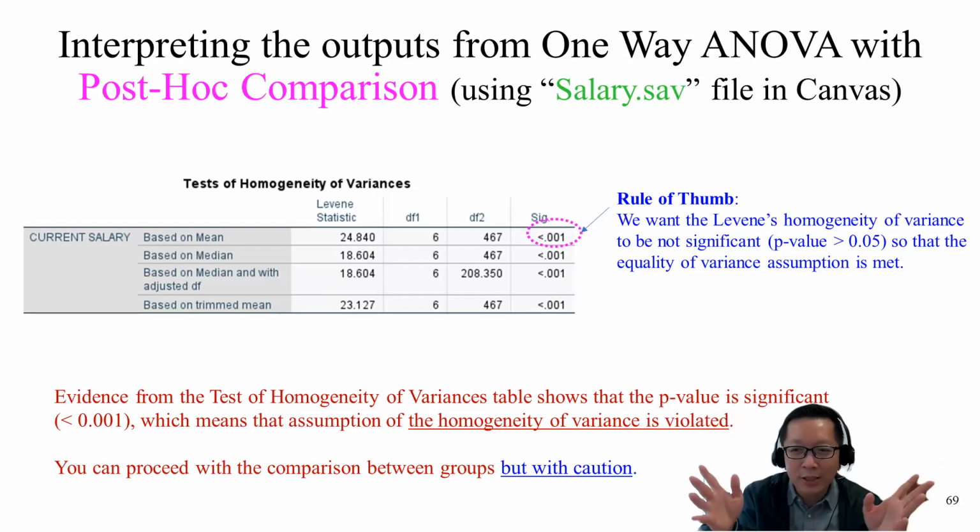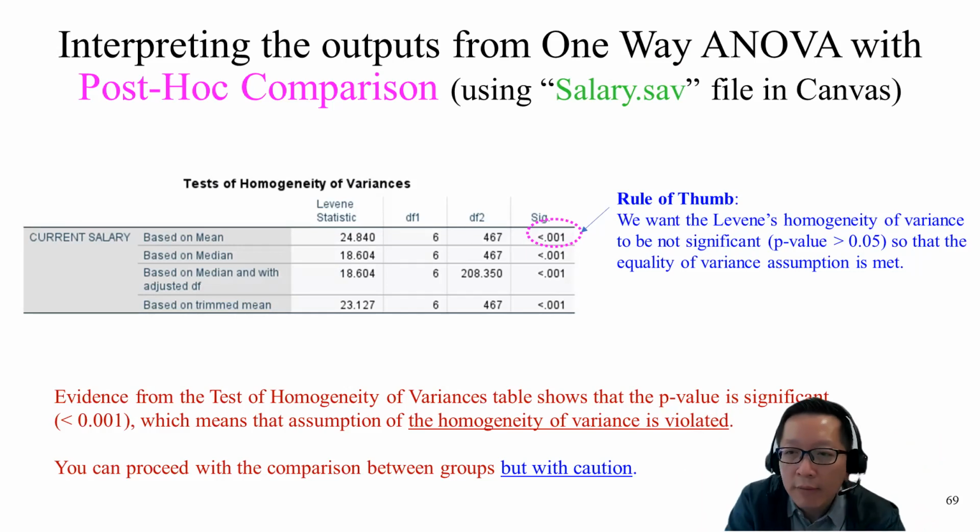Okay, so this may be counter to what you have learned about p-value. So in Levene's test, you want it to be not significant. Right? So this shows here the result from the Salary.sav file among the different types of profession and people's salary. It shows that the p-value is significant, which means that the assumption of homogeneity of variance is violated.